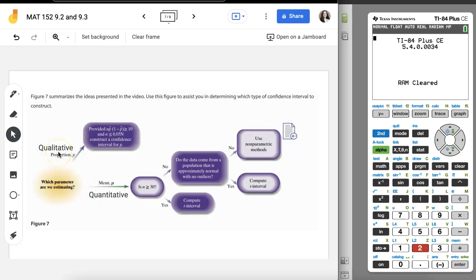So because this is a qualitative variable, we're going to find a confidence interval about the population proportion. We would have to make sure that the normality condition is met and make sure that an independence requirement is met. That's what you see here and here. Then we construct the confidence interval.